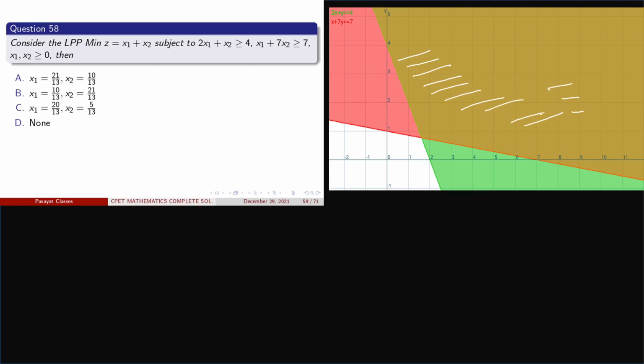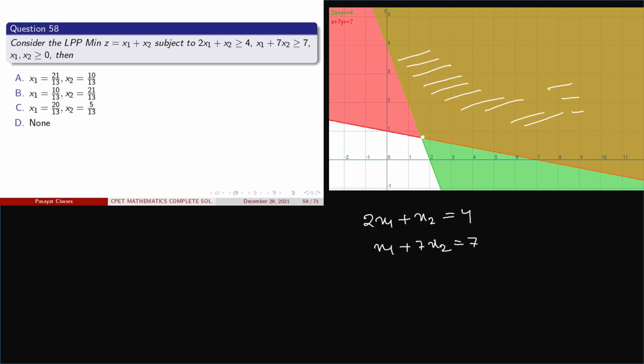So here observe that this one is the minimum point, and this minimum point is the intersection of two equations. The two equations are 2x1 plus x2 is equal to 4, and another equation is x1 plus 7x2 is equal to 7.